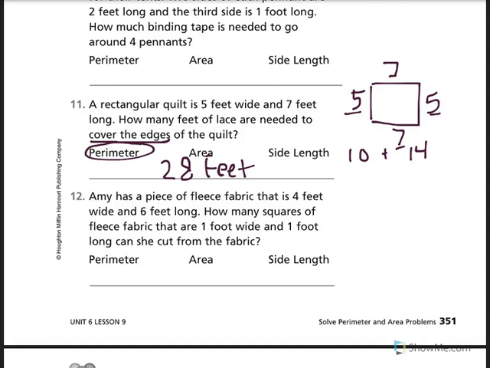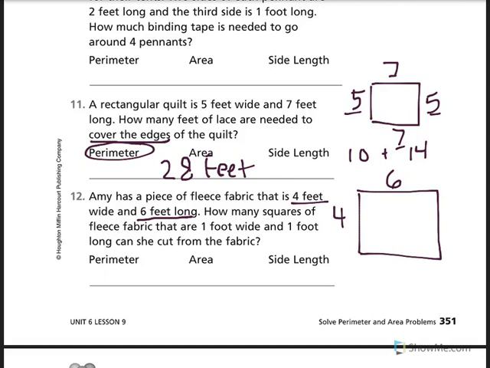Amy has a piece of fleece fabric that is 4 feet wide and 6 feet long. How many squares of fleece fabric that are 1 foot wide and 1 foot long can she cut from the fabric? So we're trying to figure out the space inside the fabric. So if it's 4 feet by 6, how many squares inside?